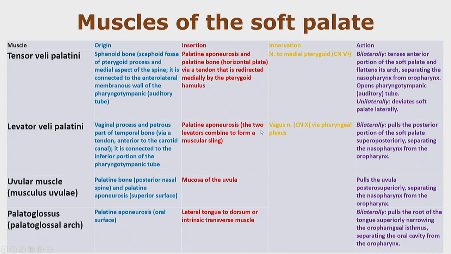So if you say pharyngeal plexus, it means you are talking about cranial nerves 9 and 10 together. In some literature you can see the vagus nerve only, its pharyngeal branch. In other literature, you can see only the glossopharyngeal nerve. According to me, the best is to say the pharyngeal plexus, which is 9 and 10, and in this case you are done. The only exception that is not innervated by this pharyngeal plexus is the tensor veli palatini.